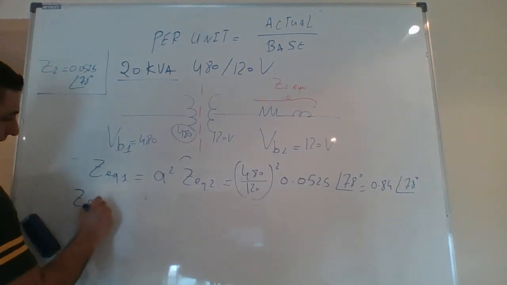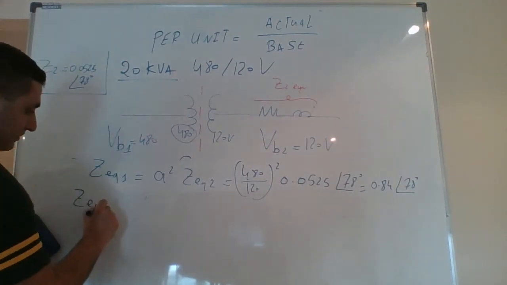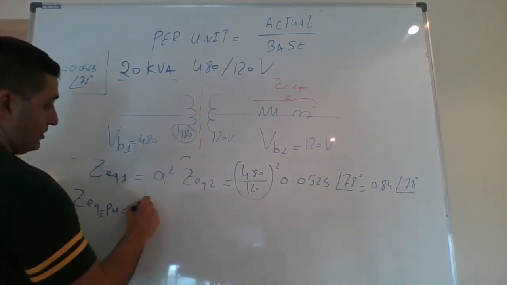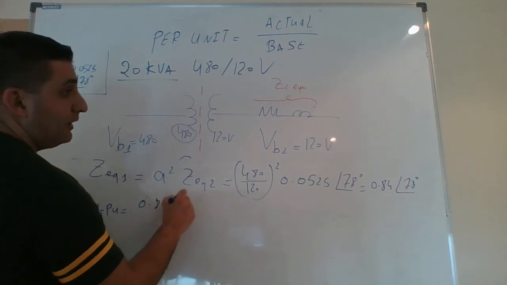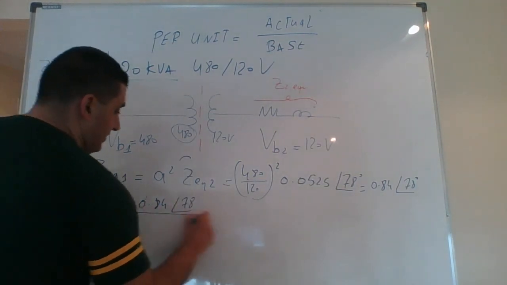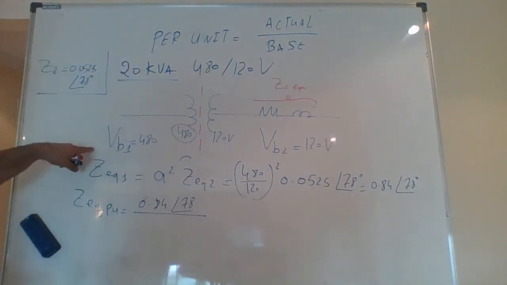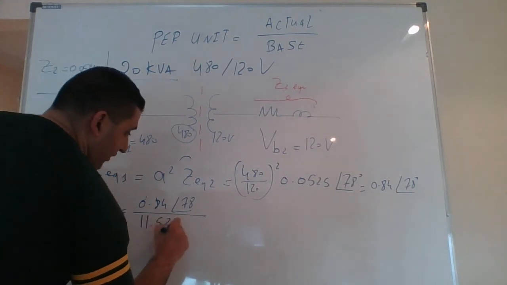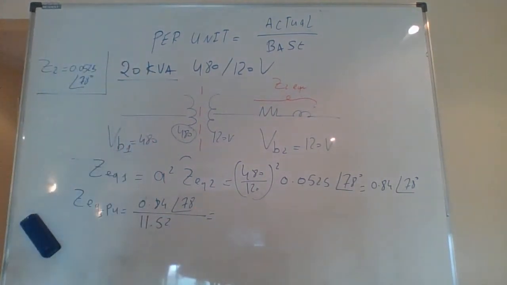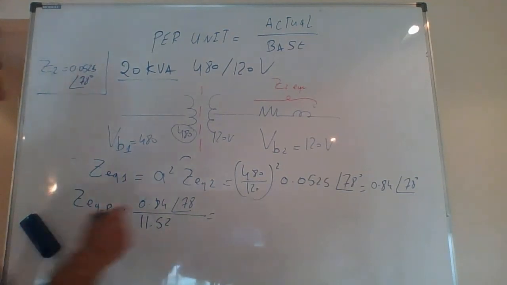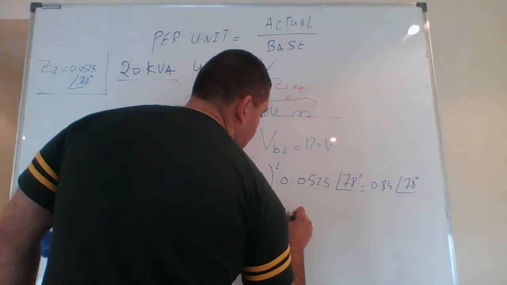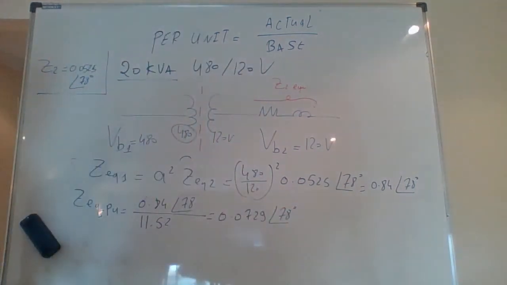Now, Z equivalent 1 per unit is equal to the actual, which is 0.84 angle of 78 degrees, divided by Z base 1. And Z base 1 was 11.52. The answer will be 0.0729 angle of 78 degrees. Wow.